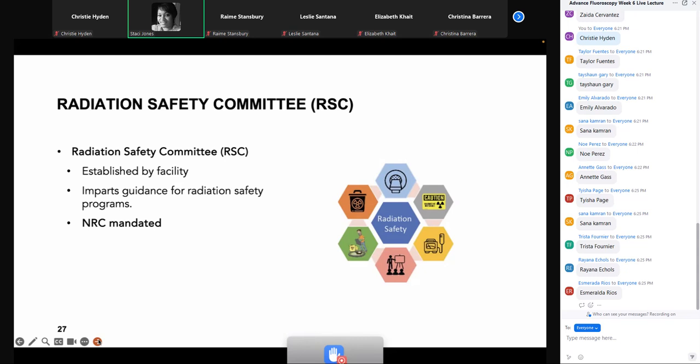If you have any type of radiation exposure, you have to document that, the measures that you took to rectify it, and patient education. If it was a nuclear spill, how did you clean it up? You have to be very detailed in your documentation, and you have to keep reports of all that. So that's what your radiation safety committee is for.